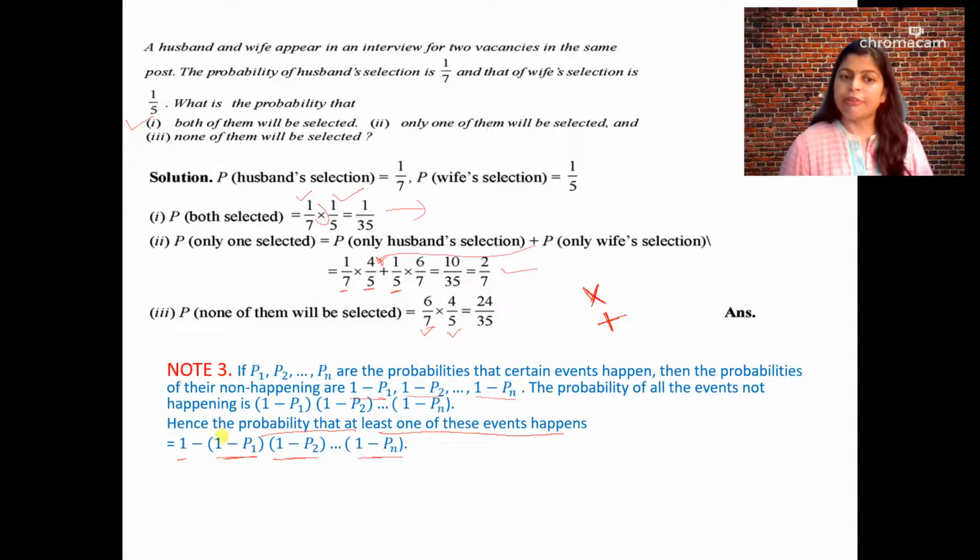Finally, if these are all not happening and we subtract this from 1, then you will get the probability of at least one of these events happening. So here you can use this concept. If we want that at least one should be selected, you will just write 1 minus 24 by 35, and you will get your answer, 11 by 35.